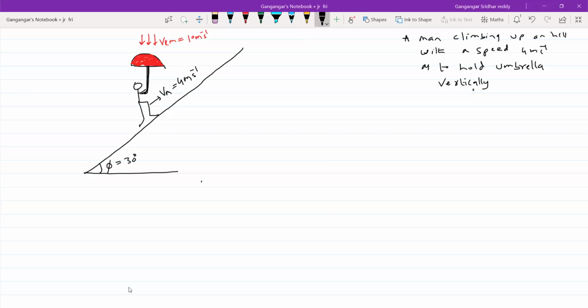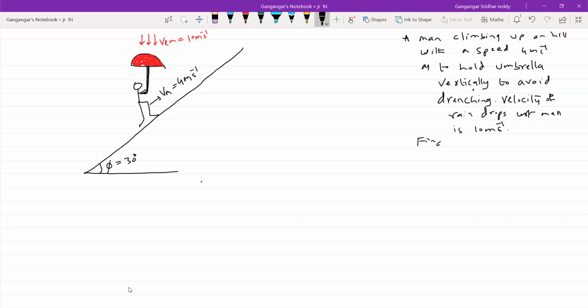A man climbing up a hill with a speed of 4 meters per second has to hold umbrella vertically to avoid drenching. Velocity of raindrops with respect to man is 10 meters per second.